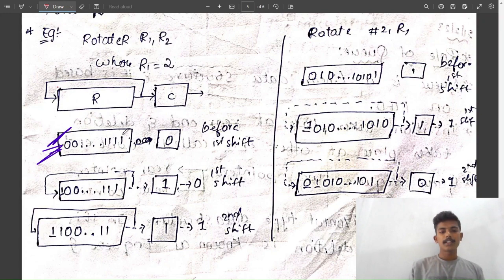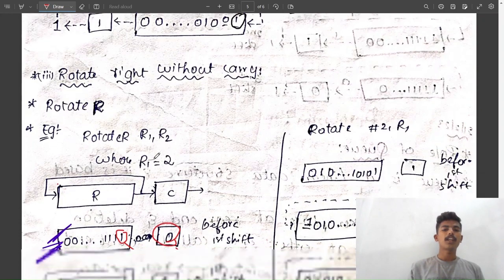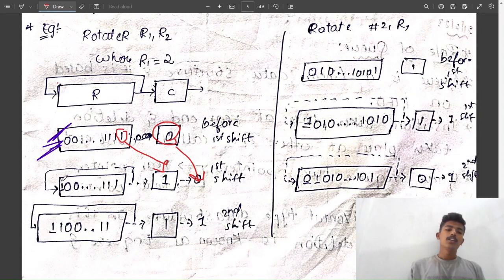The rightmost bit, that is this one, will be transferred towards the right side, and the carry which is present will be eliminated outside. So this is rotate without carry. The vacancy which is created at the leftmost side is replaced by the bit which we have removed earlier.